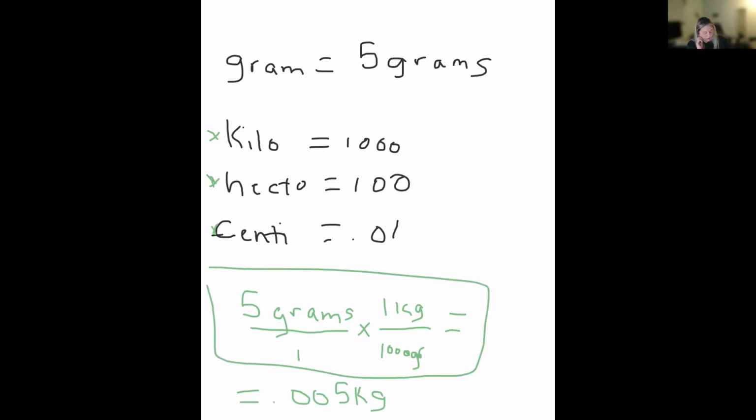Whatever amount you're given of something, if you multiply it by the ratio, you'll easily convert it to a different thing. In this example, I converted 5 grams into kilograms by simply multiplying the 5 grams I knew I had by the ratio between kilograms and grams. The thing to note here is that I started with grams, but when you're multiplying, if you have something on the top and something on the bottom, you can cancel it out. And so then you're left with kilograms.